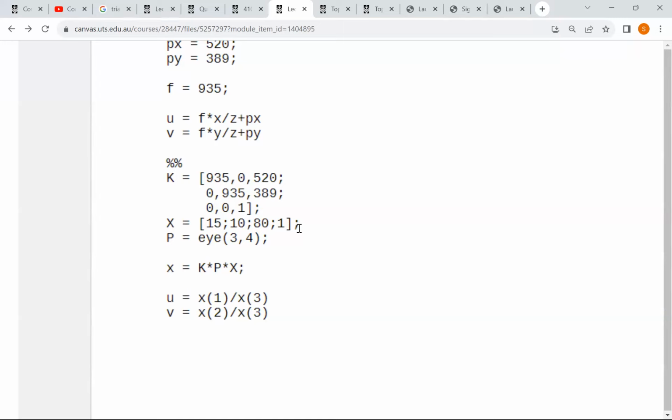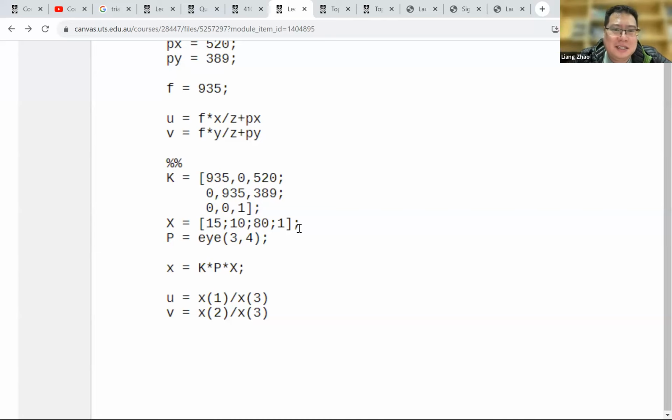We call that the homogeneous point. A homogeneous point means that if it is a 3D point, then it will have 4 elements, 1 plus 1. So in this case, it's a 3D point, X, Y, Z, and something else, and here we added 1.